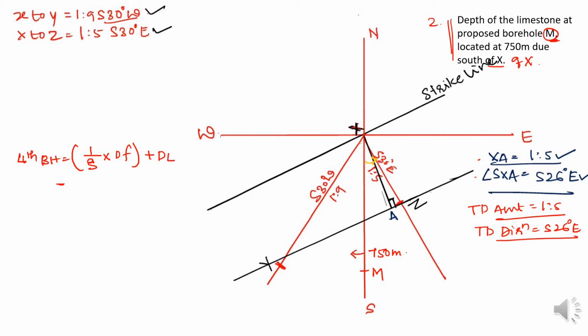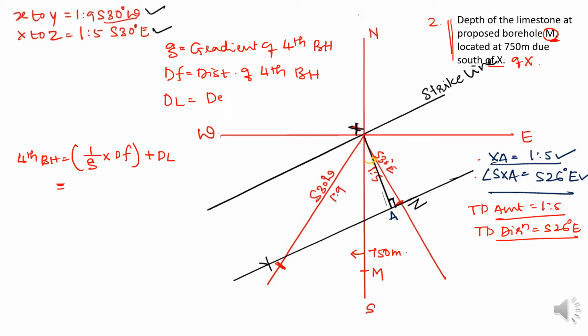Here G is the gradient of the fourth borehole, df is the distance of the fourth borehole, and dl is the depth of the least borehole. So all this data is available with us now.